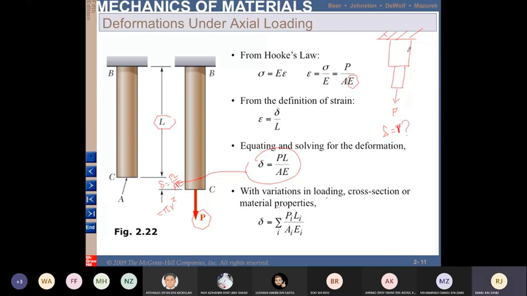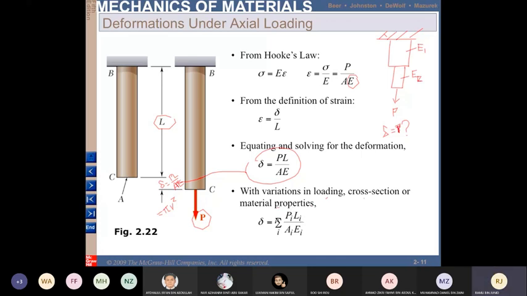This one is material one, which means it will have its own value of E, so E1. This one will have its own elastic modulus E2, and the length could be the same or could be different as well.